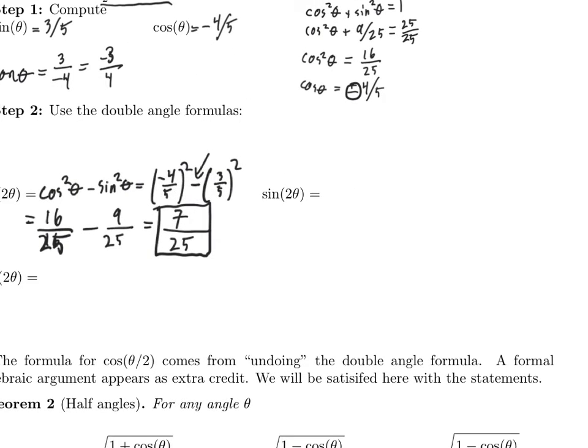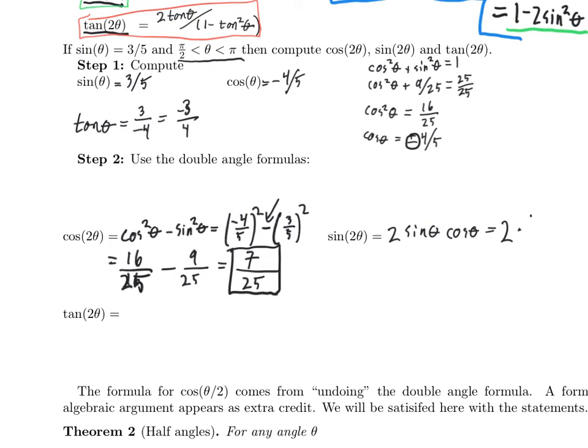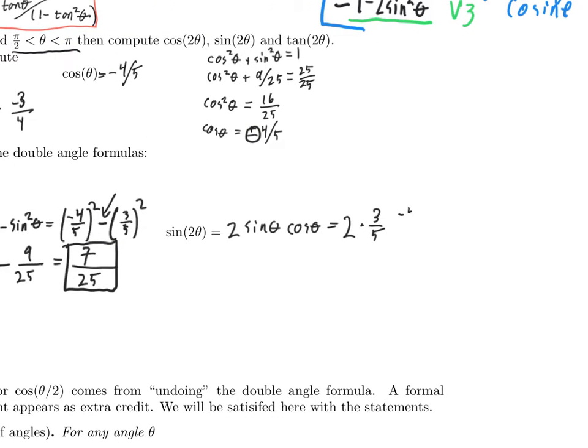Next, let's compute the sine of 2 theta. So the sine of 2 theta, we don't have any freedom. The only formula we have is that this is 2 sine theta cosine theta. All right, well, I know what sine and cosine is. That's 2 times sine of theta, which is 3/5, times cosine theta, which is negative 4/5.